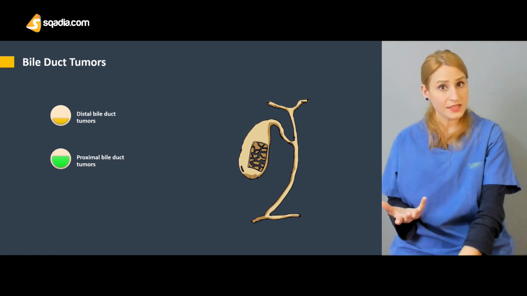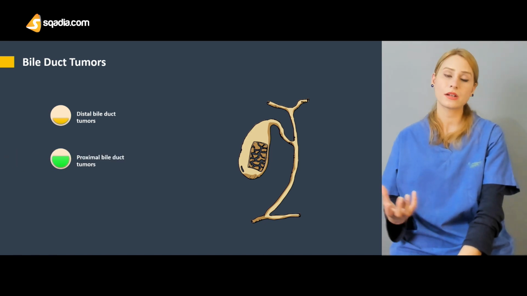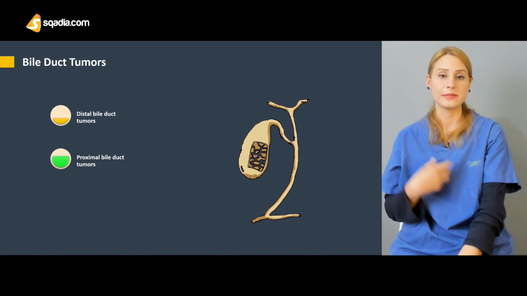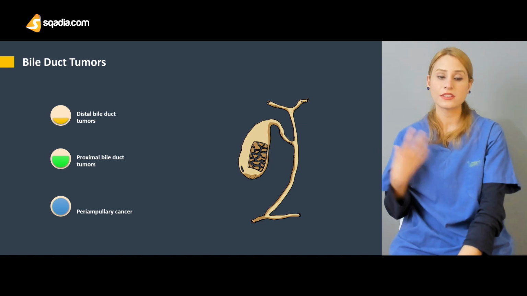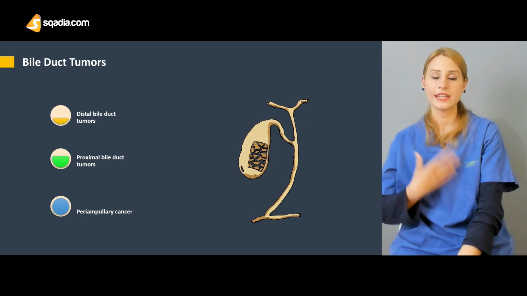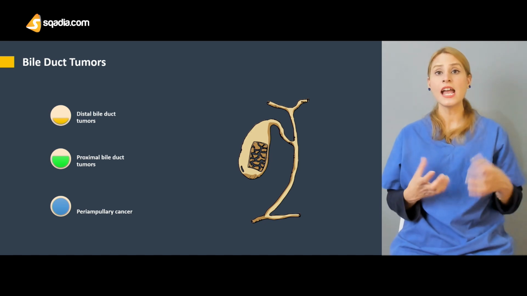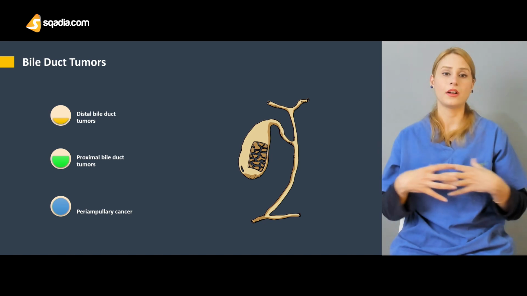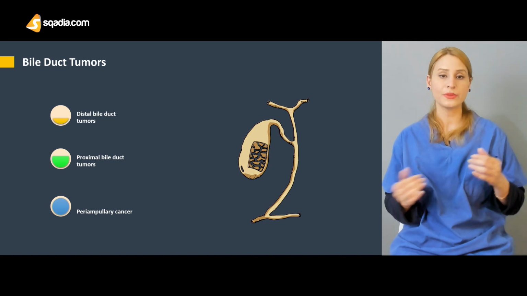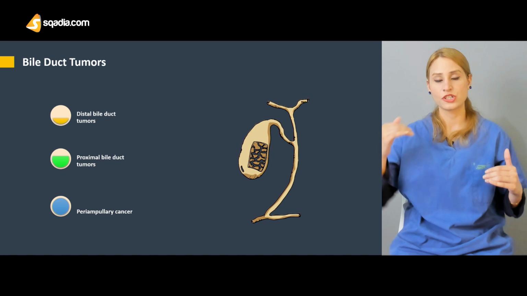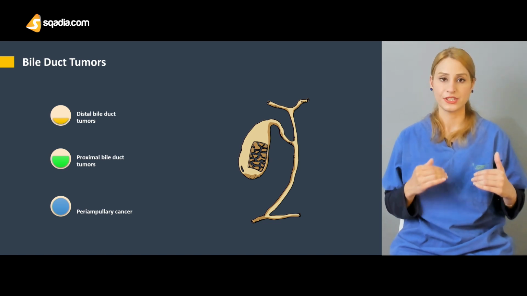And then we have the proximal bile duct tumors, which are usually hilar or perihilar. And then we also talk about the periampullary cancers. They are most commonly along the ampulla of Vater, where both of the ducts combine together, merge, and enter into the major duodenal papilla.